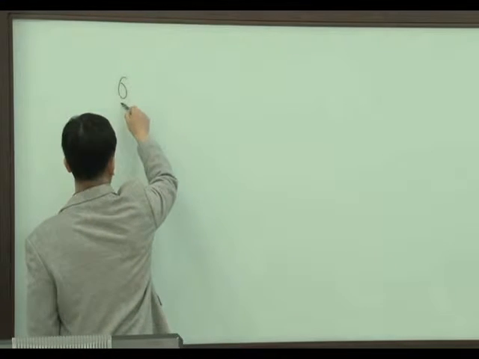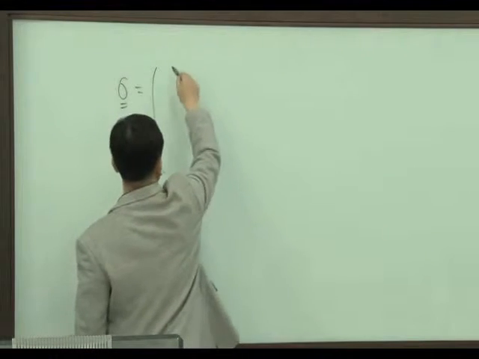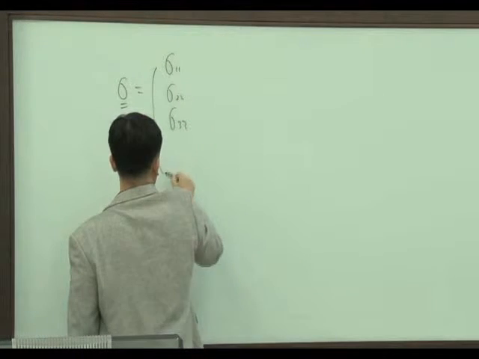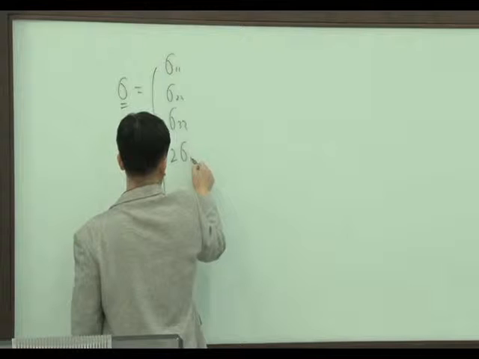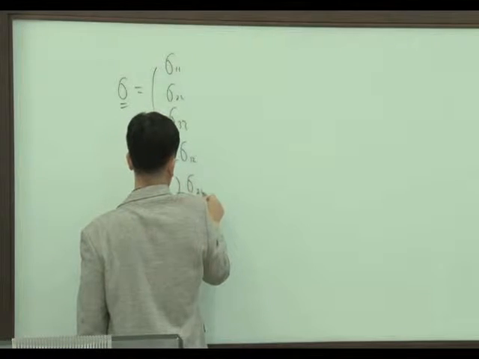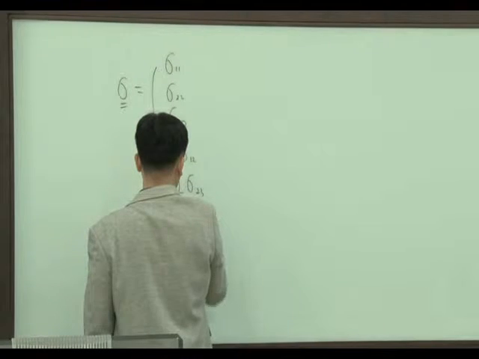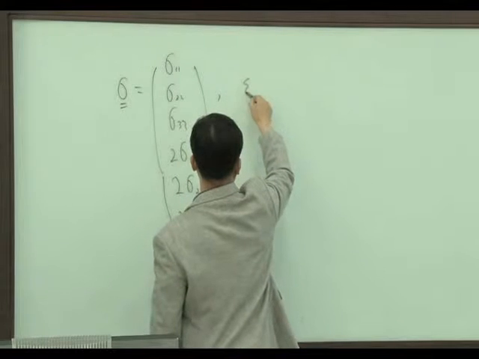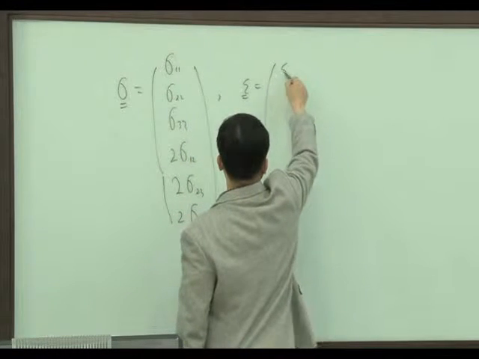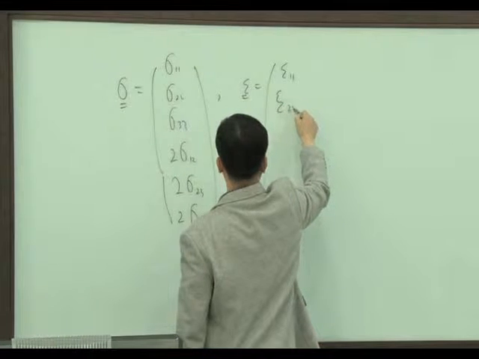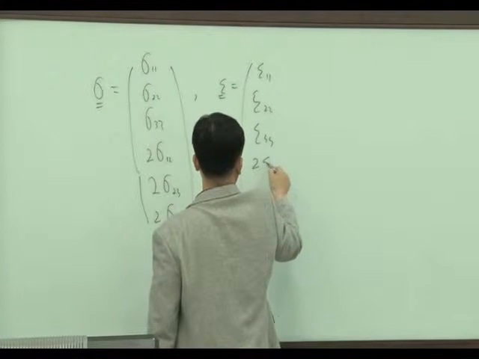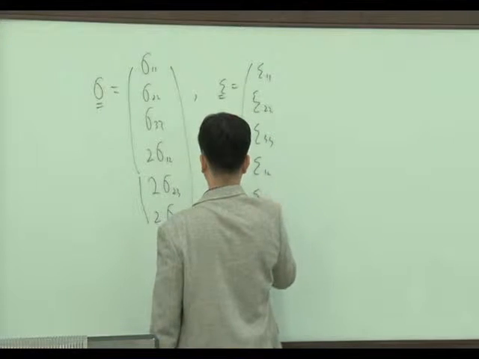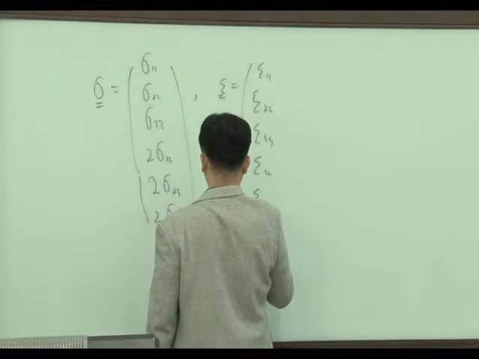Once you define stress as stress 11, 22, 33, 23, 31, 12, we can define strain like this: strain 11, 22, 33, 2 times 23, 2 times 31, 2 times 12.